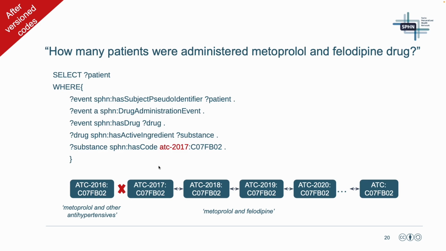Therefore, with inference turned on, the query would retrieve your results where the data is annotated with the 2017, 2018, 2019, etc. codes of the metoprolol and felodipine, and you would not receive the results where this particular code was provided, so the 2016 version of that code.